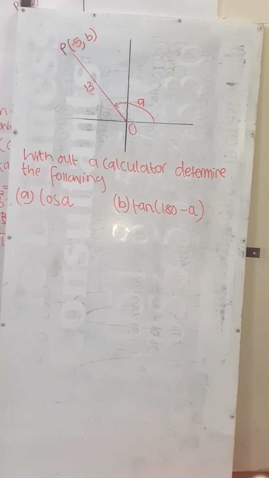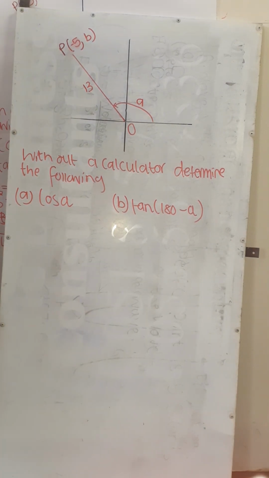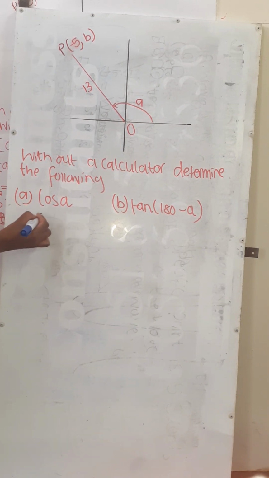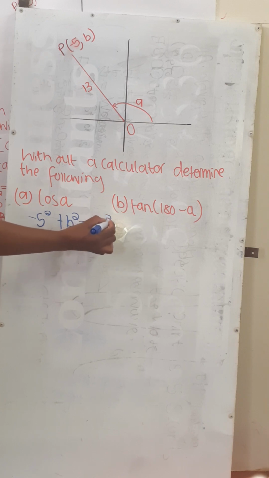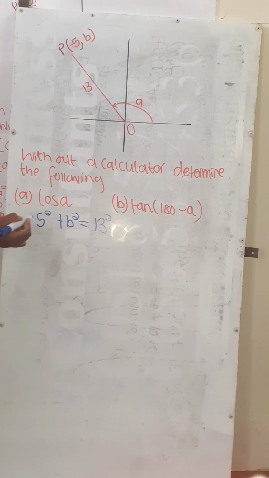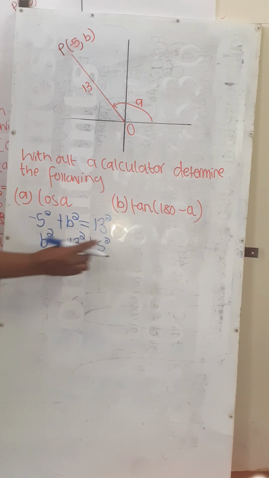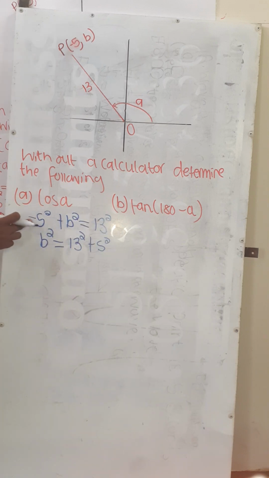So guys, as you know, the formula is r squared equals x squared plus y squared. So I am going to do it like that: -5 squared plus b squared equals 13 squared. So I will take the 5 and move it that side. We will have b squared equals 13 squared plus 5 squared. Whenever a number crosses over the equal sign, it changes the sign in front of it.